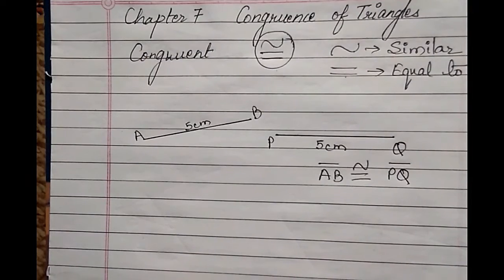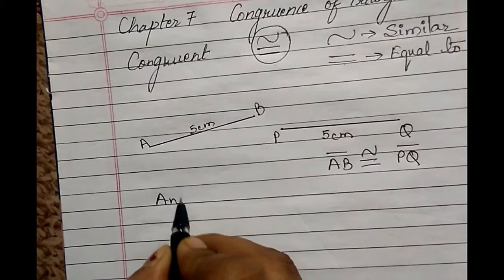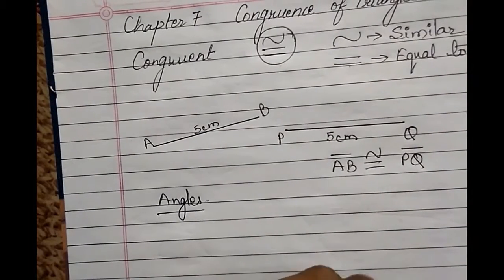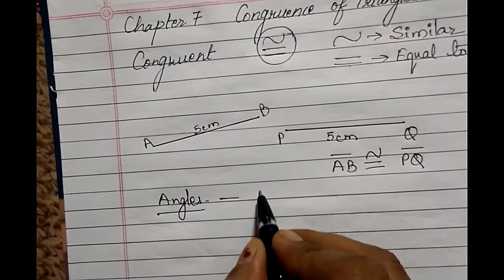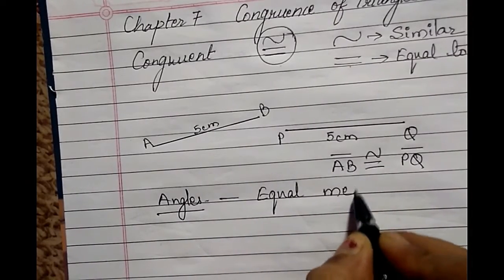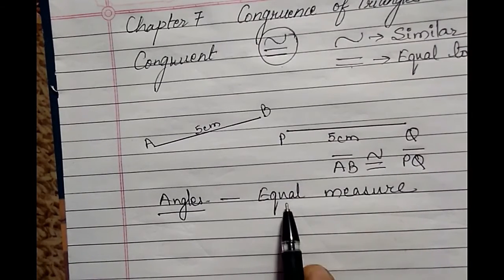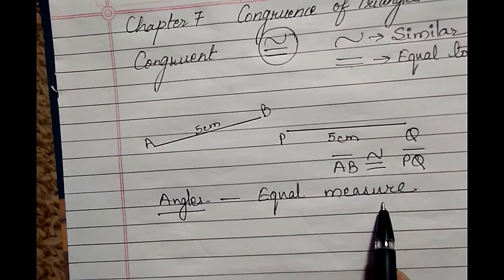If I talk about an angle, when can we say two angles are congruent? When they have equal measures. When the two angles are equal in measure, then only we can say that they are congruent to each other.